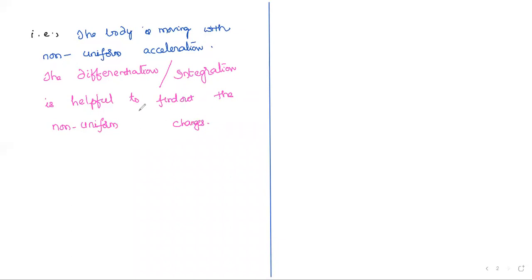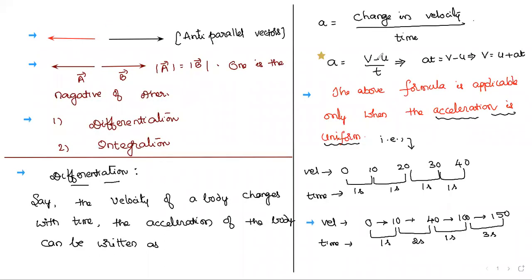Okay, so to find out the non-uniform changes, with the differentiation method, few students may go into a wrong perception. What? The sir told that differentiation or integration is used only when there are non-uniform changes. Who said only for non-uniform changes? This is the way we are understanding the English. I said the body is moving with non-uniform acceleration, so you are helpless to use this formula to find the acceleration.